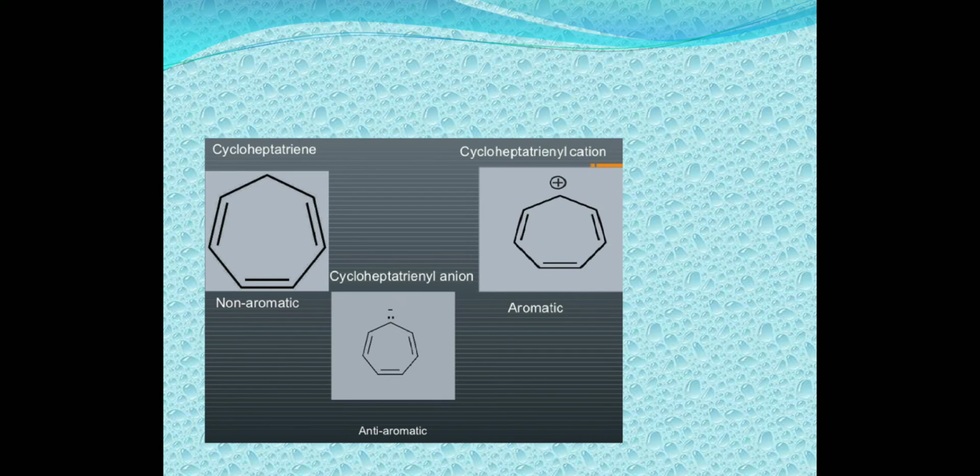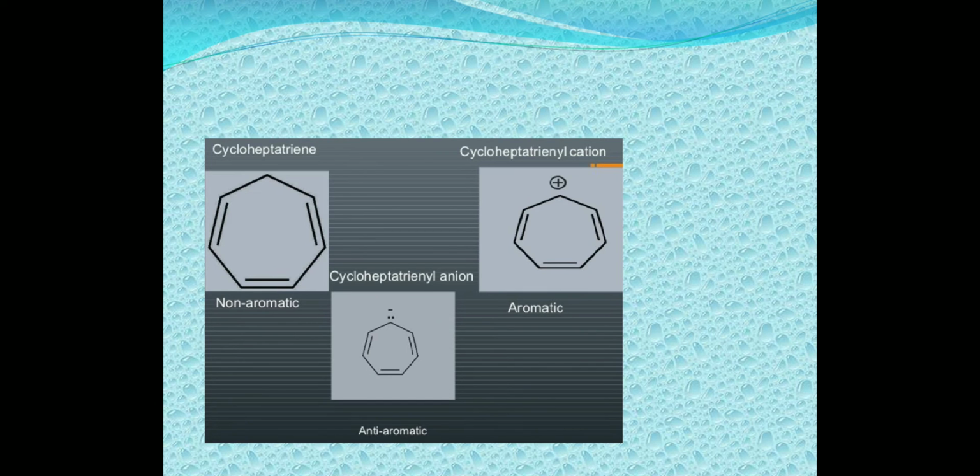Another example is cycloheptatriene. In cycloheptatriene, there are 3 conjugated pi bonds, and one carbon atom is sp3 hybridized. That is, it is a cyclic but non-planar molecule. That is why cycloheptatriene is a non-aromatic compound.